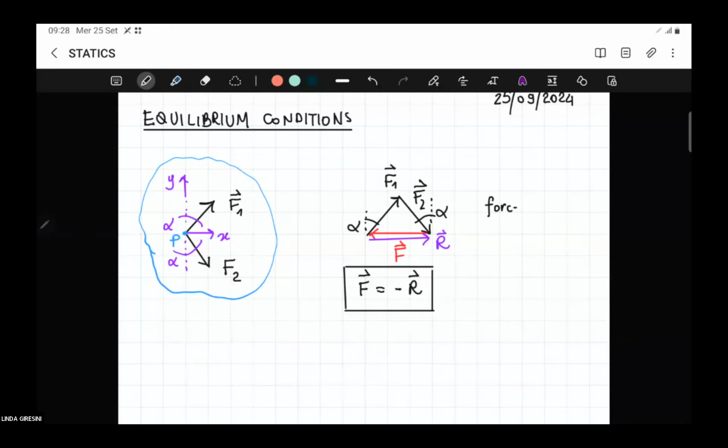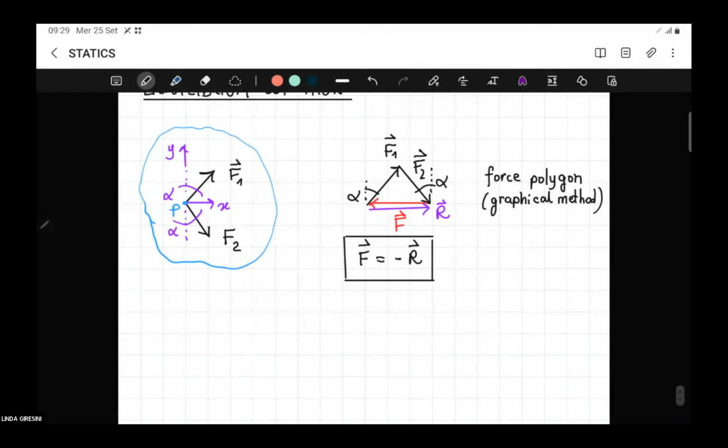We write down that this is the force polygon, therefore the graphical method. Next times I won't write graphical method anymore. I will just say force polygon, just so it's clear that it's a graphical method.